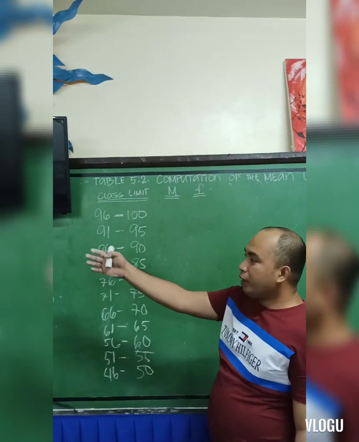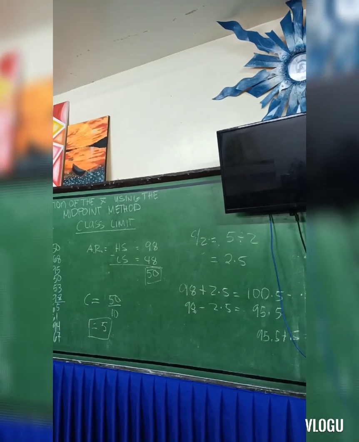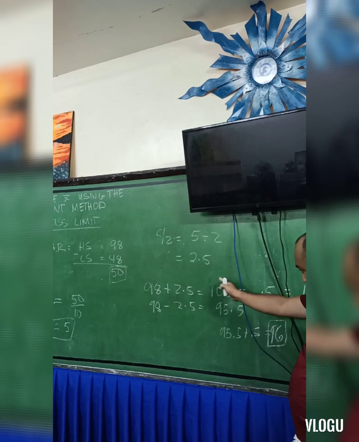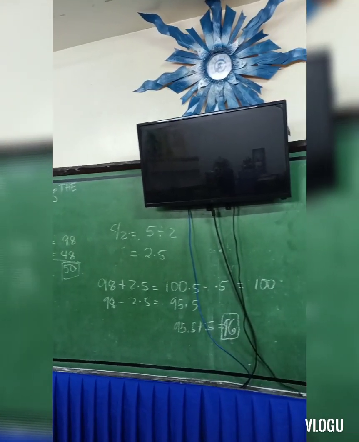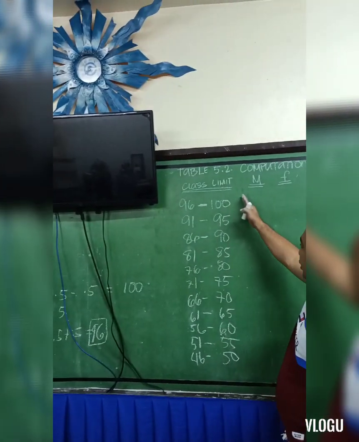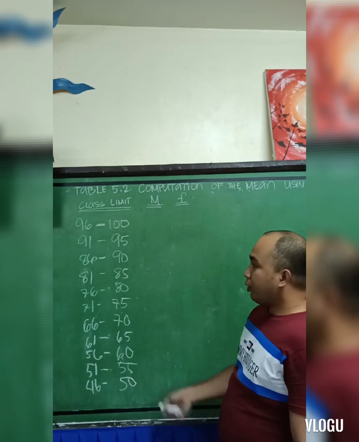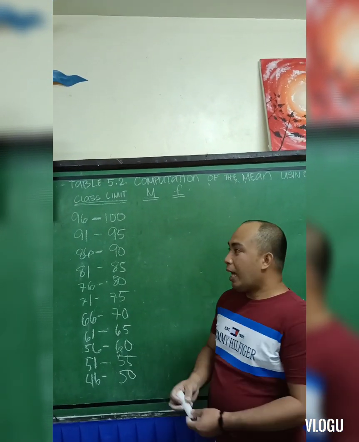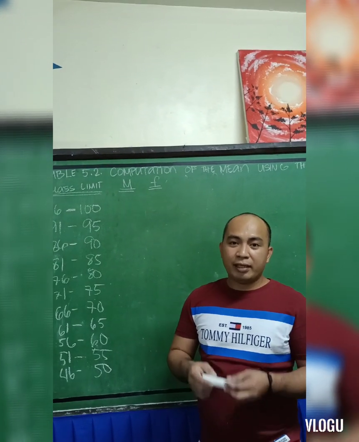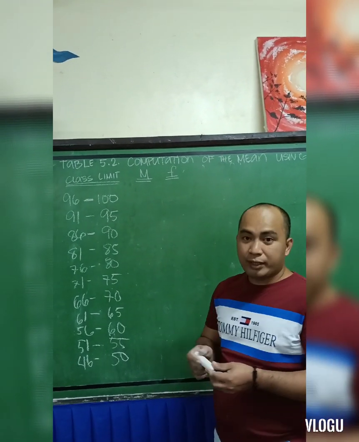First, we need to get the absolute range, then the class interval, and next, set up the classes so that we can get our class limit here. Next, again, our midpoint method is done by getting the product of midpoint and frequency.